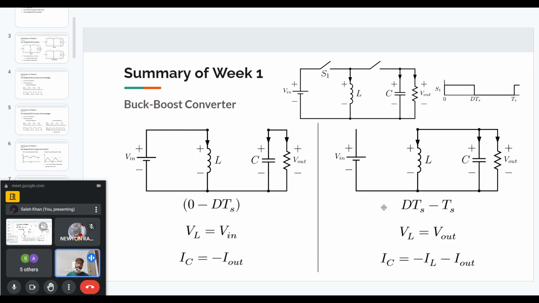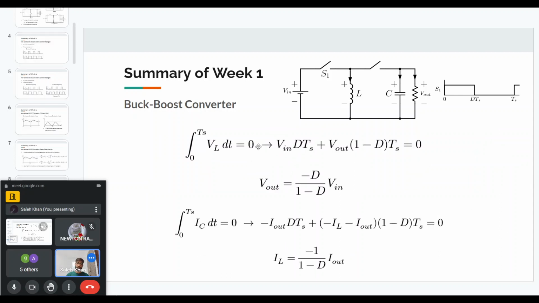Then, based on the inductor volt-second balance and capacitor charge balance, you can find the output voltage and the inductor current. If you still need more information, you can consult the book, or this lecture will be uploaded on YouTube, so you can see the first few minutes of that lecture. You will get a more detailed explanation of these slides.